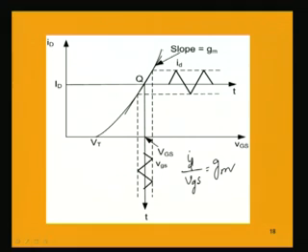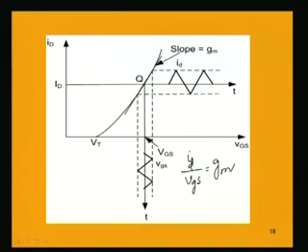How to find out that slope? Around the operating point, we take a small region where the characteristic can be assumed to be linear, because only within a small region around the operating point can we assume that the portion is linear, because it is a piecewise linear characteristic, just in order to find out the slope.